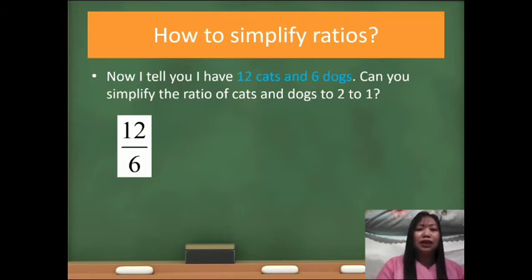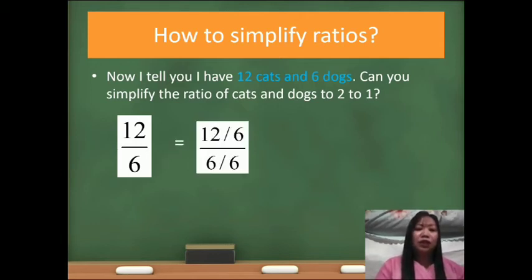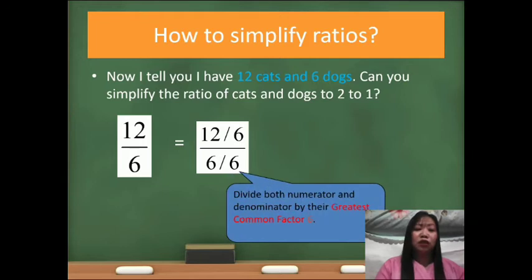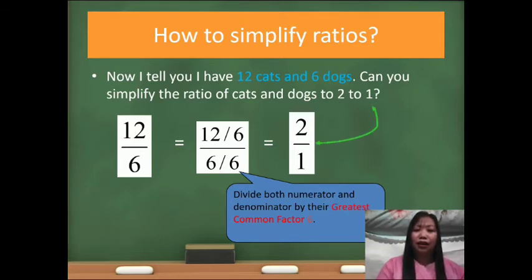So what is the greatest common factor of 12 and 6? Good job! It is 6. So divide both numerator and denominator by their greatest common factor 6. So we will have 2 over 1 because 12 divided by 6 is 2 and 6 divided by 6 is 1. Good job!